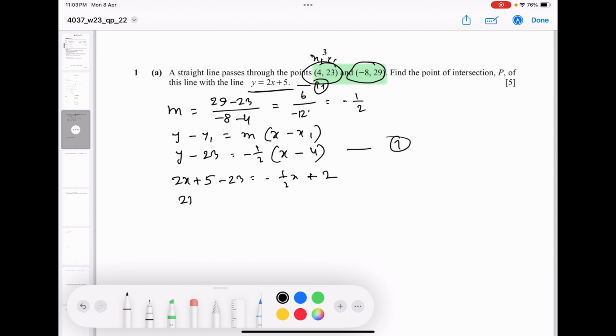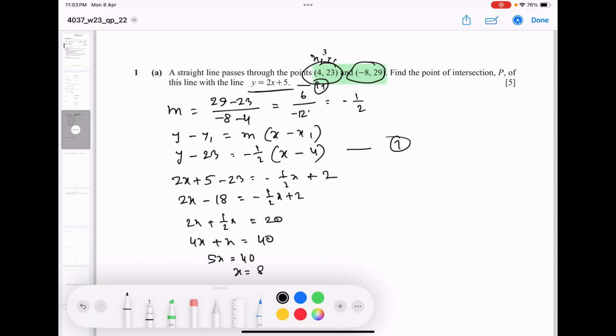Let us simplify: 2x plus half x equals 18 plus 2, that is 20. So 5 over 2 x equals 20, that is 40 over 2, so 5x equals 40, x equals 8. 40 divided by 5 is 8.